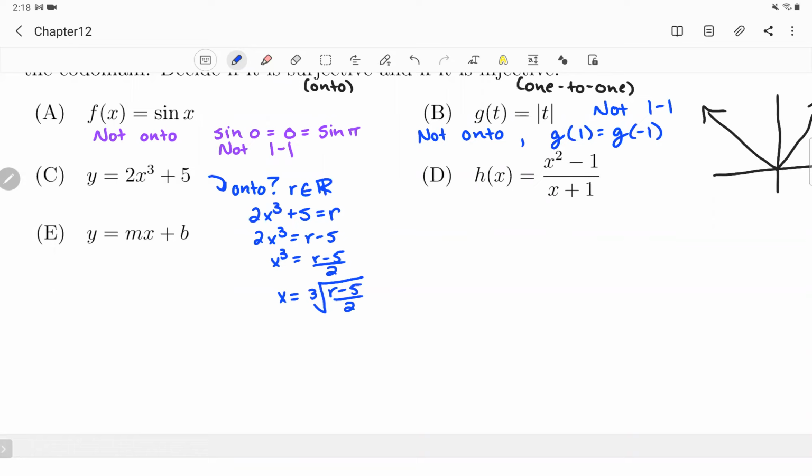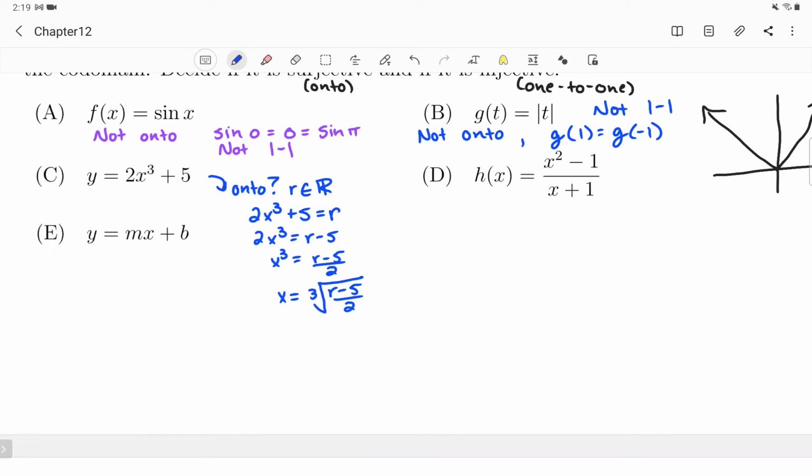Do cube roots have any issues, any problem spots? Good. No, cube roots are fine. If it was a square root, I might have an issue. But it's a cube root. So what I just figured out is that if I plug that number into my function, it will output R. If you say, I want you to output 1,000,000, I plug in the cube root of (1,000,000 minus 5) over 2.